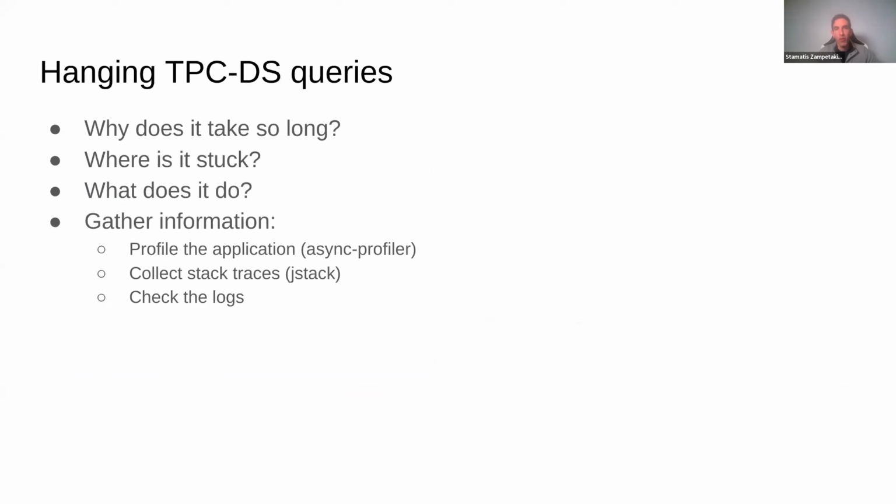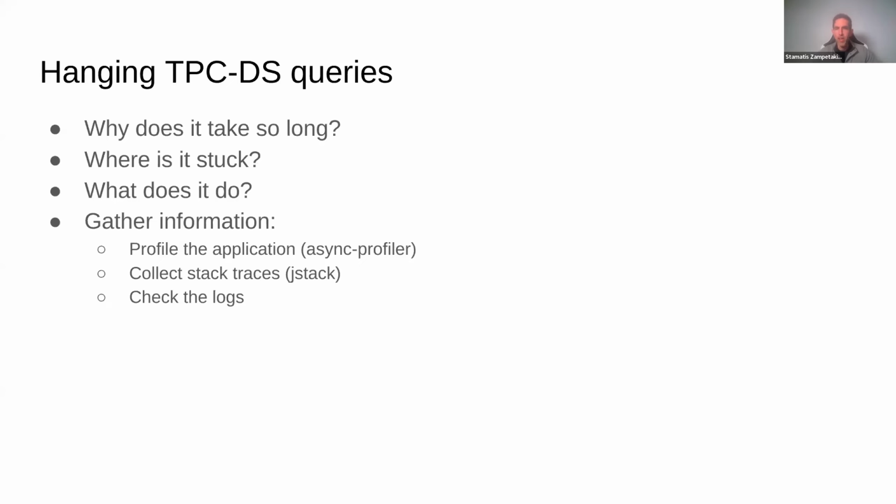Of course, we have to gather information. And if this was a customer problem, we'd probably have to take the same steps. When we want to see why a query takes so long, I guess the first reaction is to profile the application. I want to see which method, which part of the application takes long.